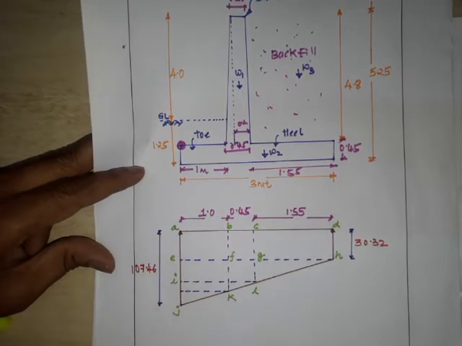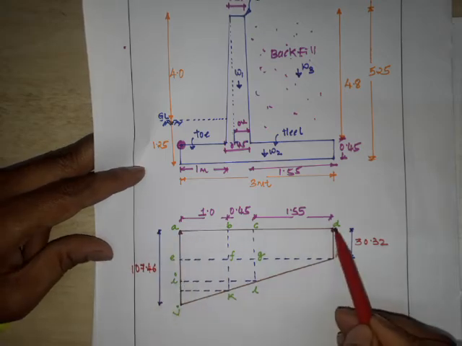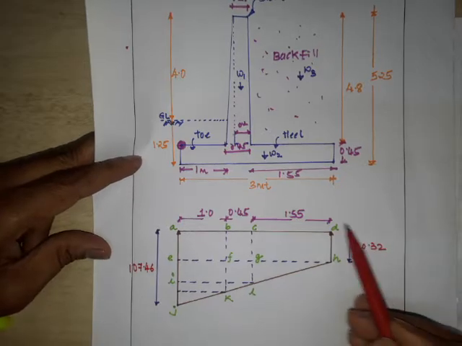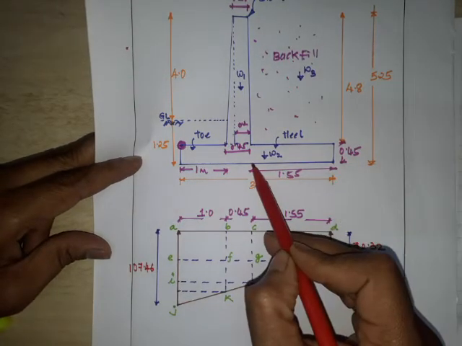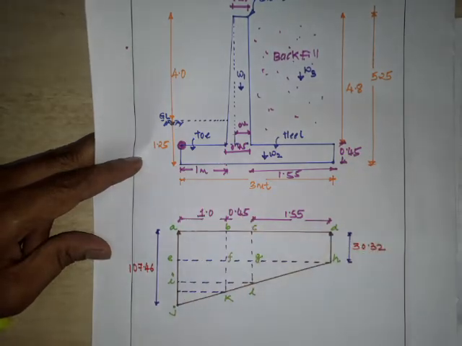The width of base slab is 3 meter. So you can see this is 1.55, this is 0.45 and this is 1 meter. Total together it is 3 meter.